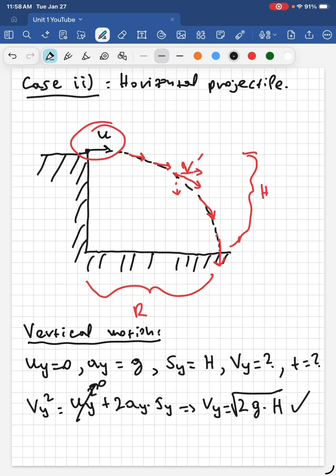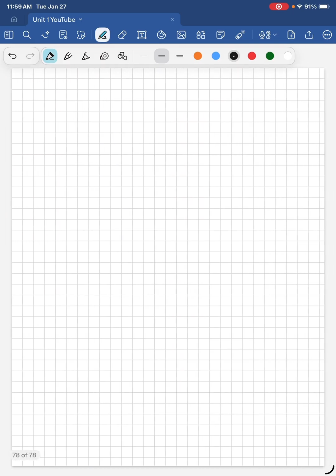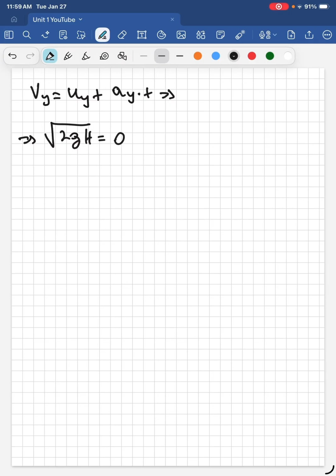How about the time needed for this motion to take place? We can use vy is equal to uy plus ay times t. Okay, so vy is the square root of 2gh, uy is 0, ay is g, and t is t.